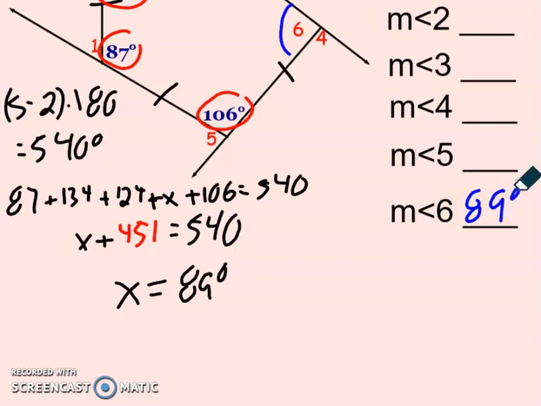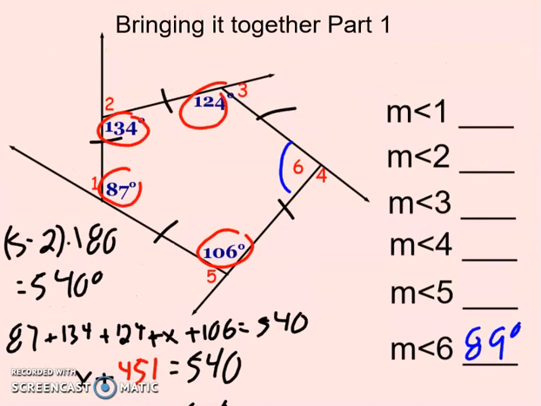Which is great because now we can find all these exterior angles, right? 1 is an exterior angle, 2 is an exterior angle, 3 is an exterior angle, and 4 and 5 are all exterior angles. So if we know all these interior angles, we can do 180 minus those values.